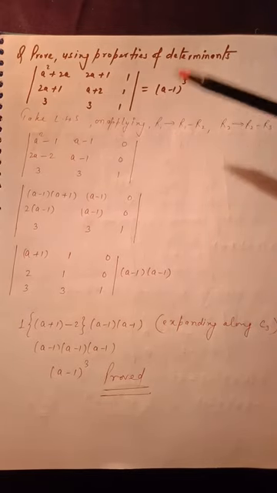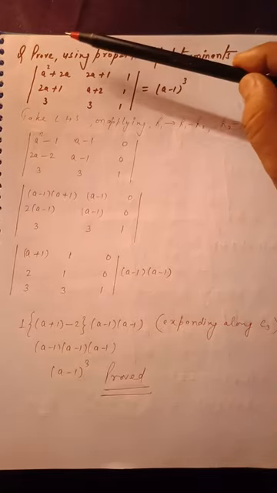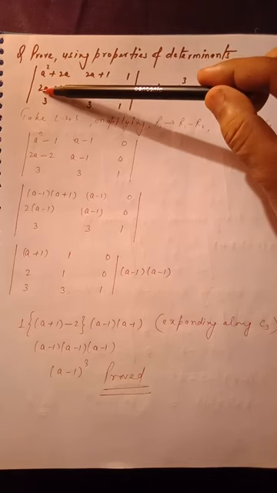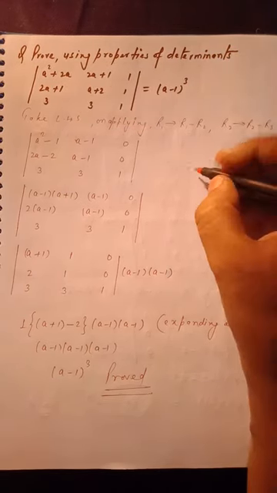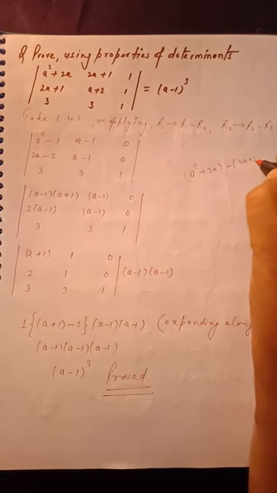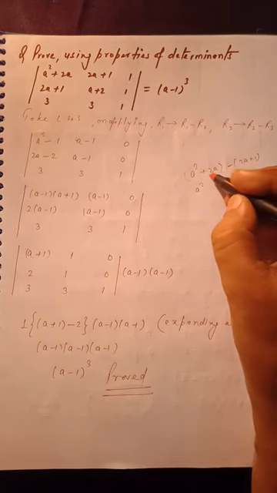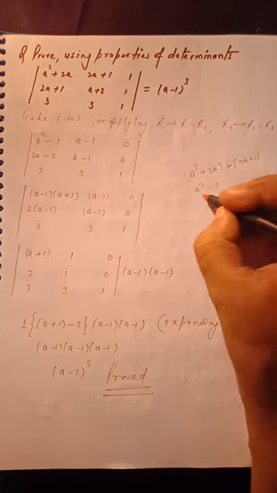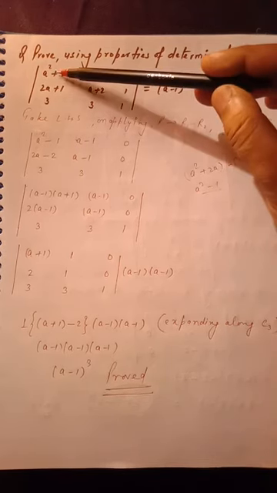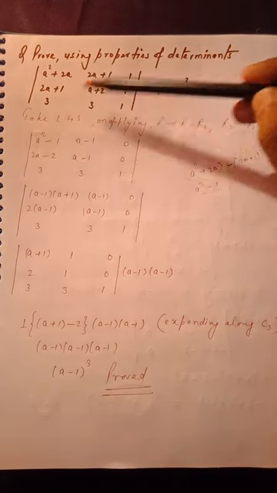When we perform the first operation, R1 equals R1 minus R2, all the corresponding elements will be subtracted. So this is a square plus 2a minus (2a plus 1). You will get a square, the 2a is cancelled, and this plus will become minus, so it will be a square minus 1.